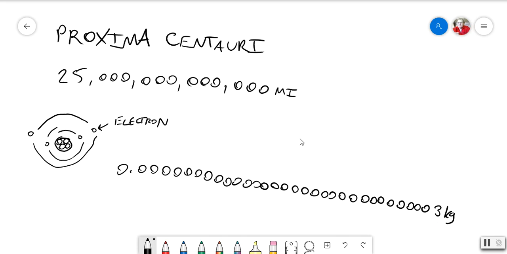So 3 times 10 nonillionths of a kilogram, which is very, very, very small.